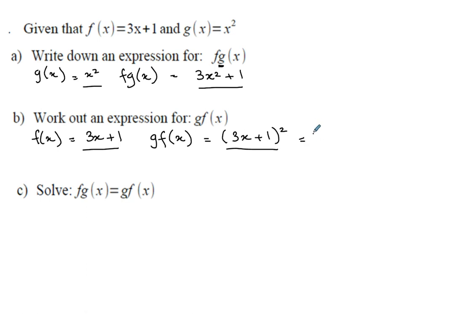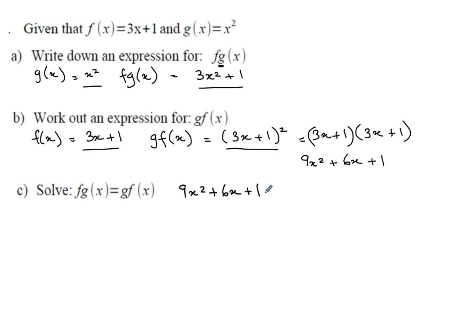That just means 3x plus 1 times 3x plus 1, which will give you 9x squared plus 3x plus 3x is 6x plus 1. So over here we write 9x squared plus 6x plus 1 is equal to 3x squared plus 1.